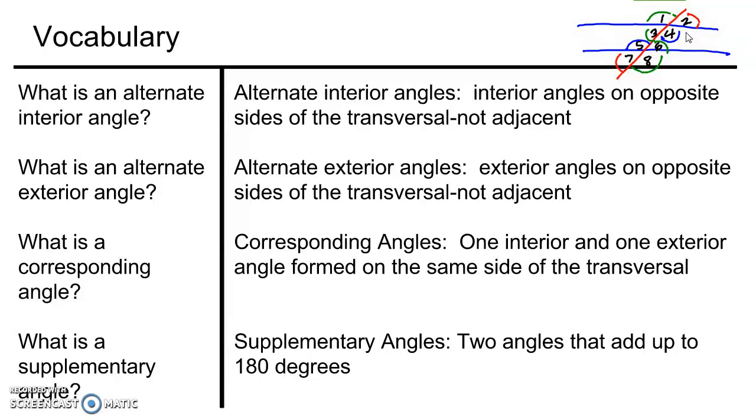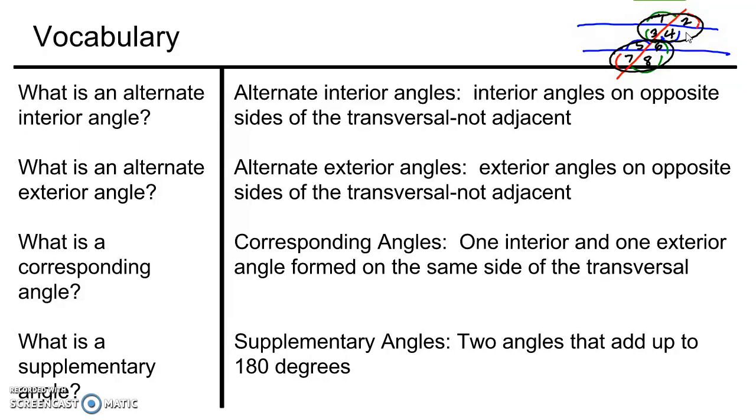All right, next is corresponding angles. And if you look at our little diagram up here, we have this little group of 4 angles, and then we have this little group of 4 angles. It is going to be the angles that are located in the same position, just on the different parallel lines.